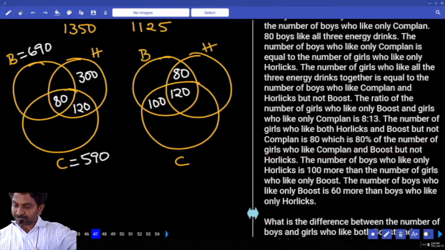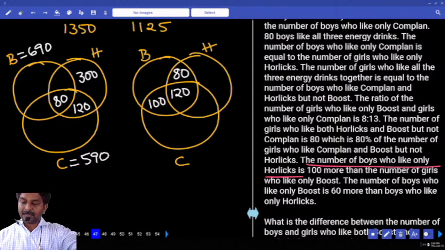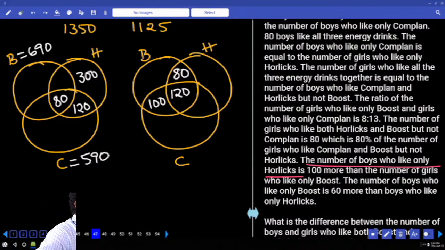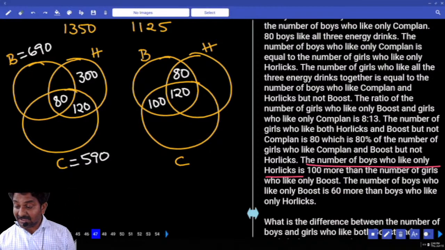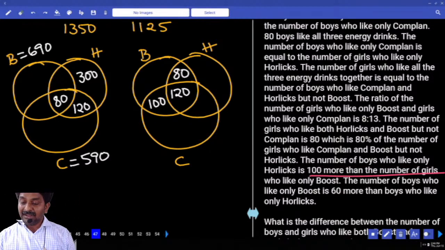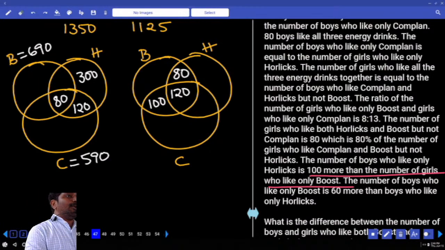Right, next. Number of boys who like only Horlicks. Boys who like only Horlicks, 300, is 100 more than girls who like only Boost. So 300 is 100 more than which number? 200. That is girls who like only Boost. That comes here. 200.